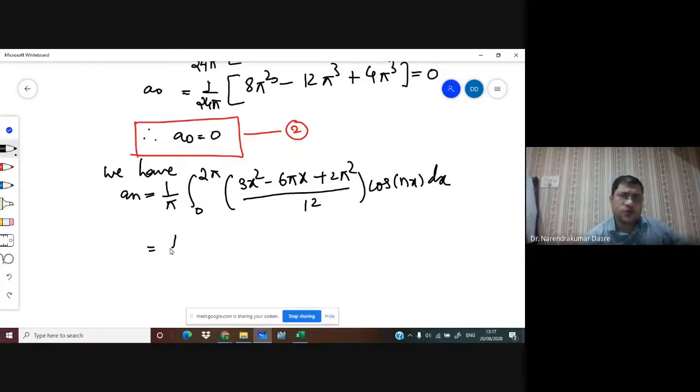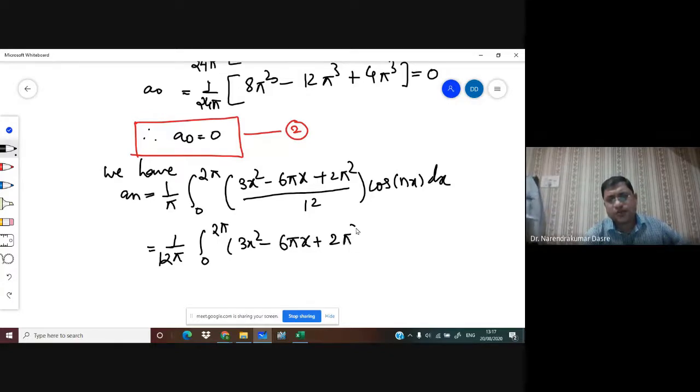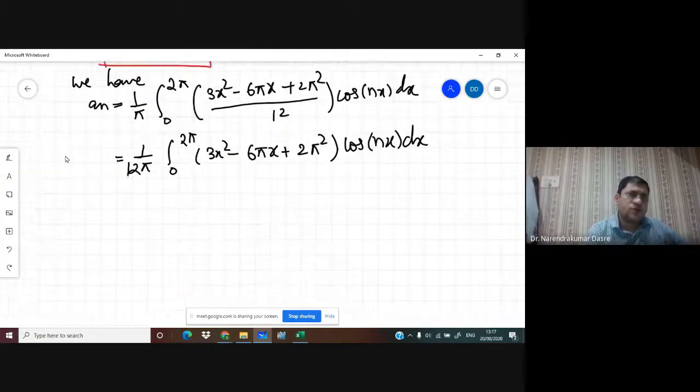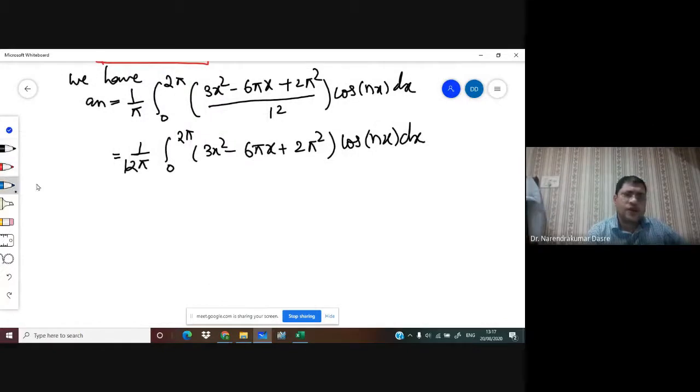So this is equal to 1 upon 12 pi. This 12 I am able to take out. So we'll be having integral 0 to 2 pi (3x square minus 6 pi x plus 2 pi square) cos of nx dx. So here we can use the by parts rule.